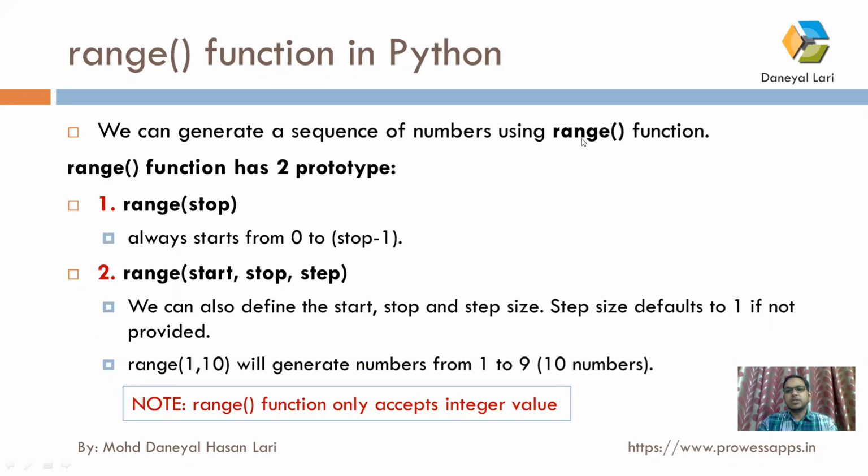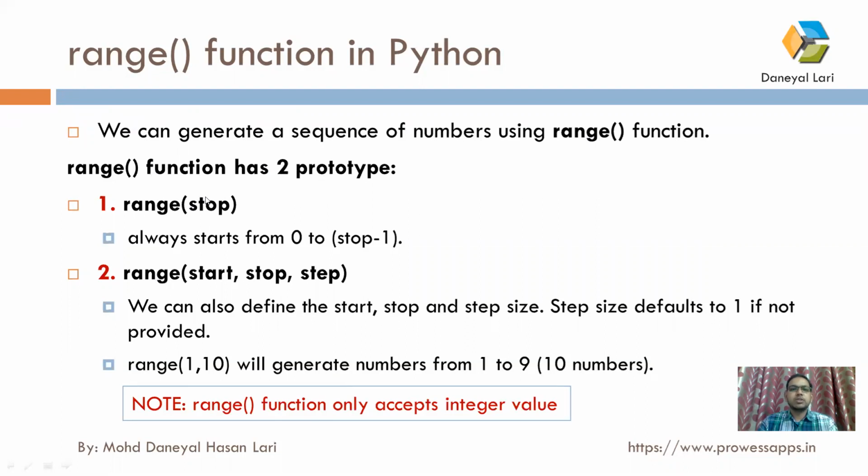Now, how does the range function work? The range function has two prototypes that you can use in your application. First one is range, and you provide the stop, meaning the last value. And remember this one, the range function only accepts integer values.